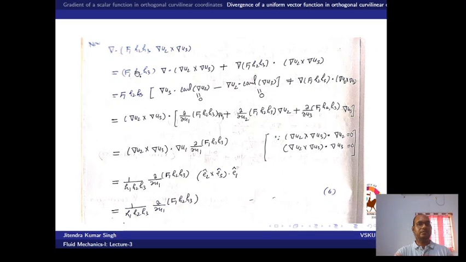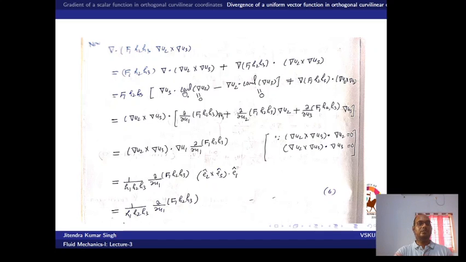Now we write the first term as it is, f1 h2 h3 times the divergence of the cross product of two vectors. That can be expressed using the vector identity: grad u3 dot curl of grad u2 minus grad u2 dot curl of grad u3, plus grad of f1 h2 h3 dot grad u2 cross grad u3.